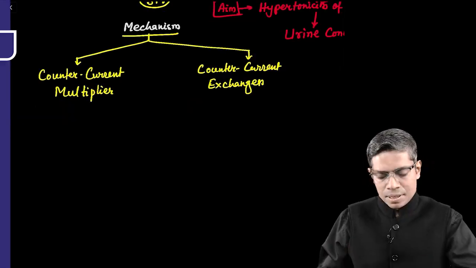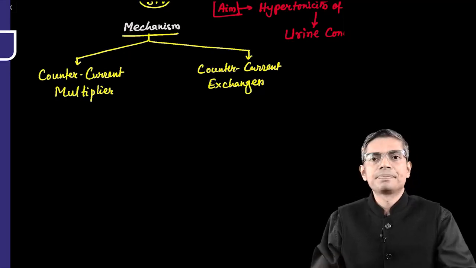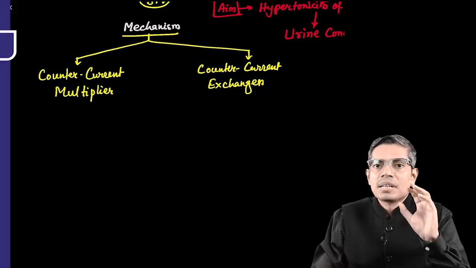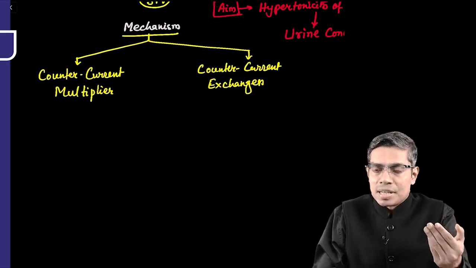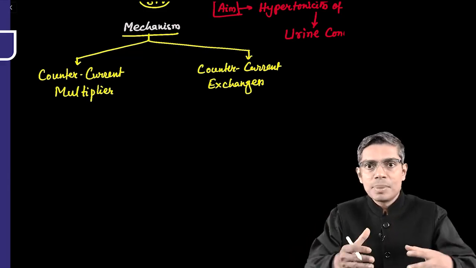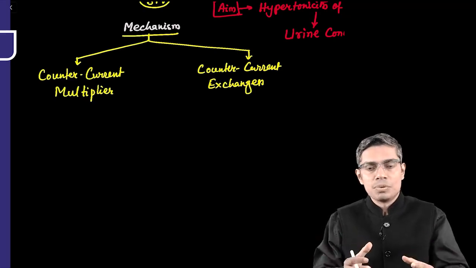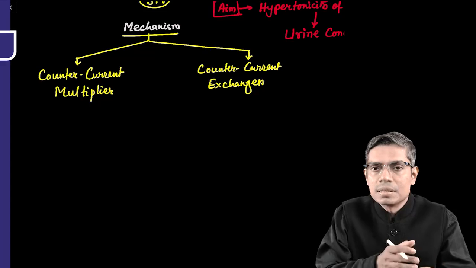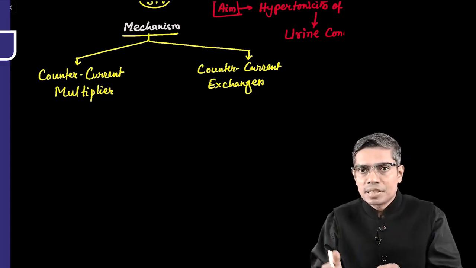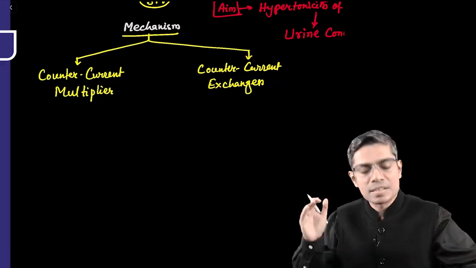So the countercurrent multiplier system is responsible for generation of the medullary tonicity. I told you the mechanism is going to produce a hypertonic medulla. Medullary interstitium will be hypertonic. Who is going to generate that hypertonicity? That is the multiplier. And after generation, who is going to maintain that hypertonicity? That is the countercurrent exchanger.